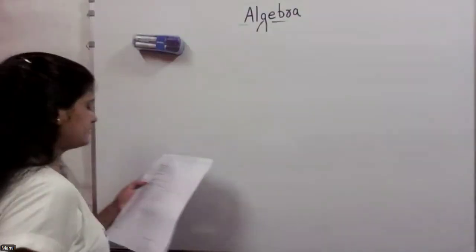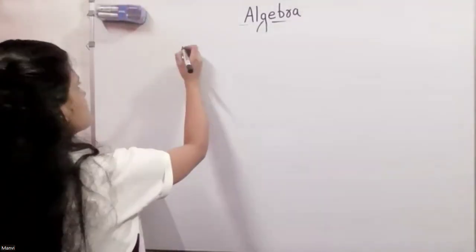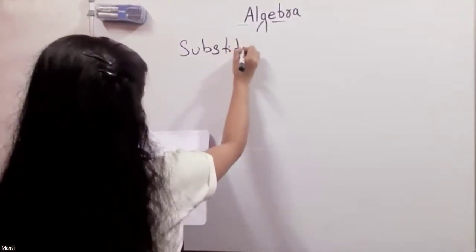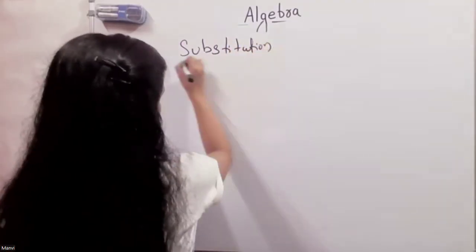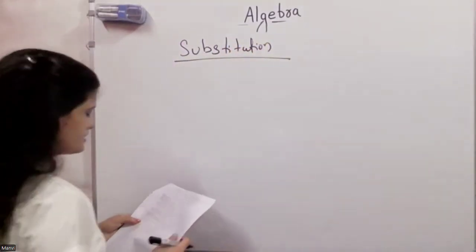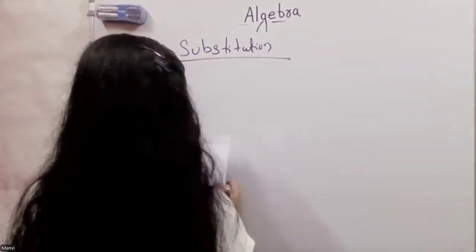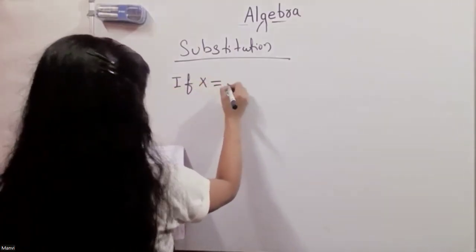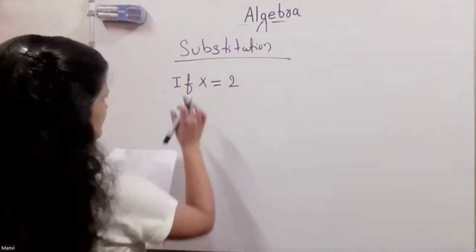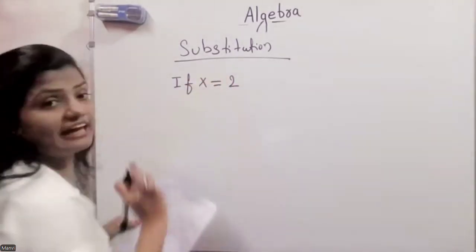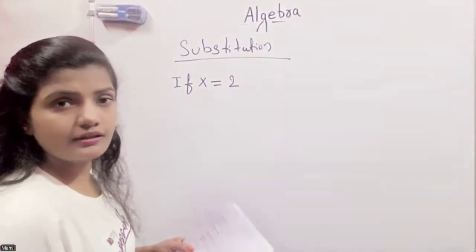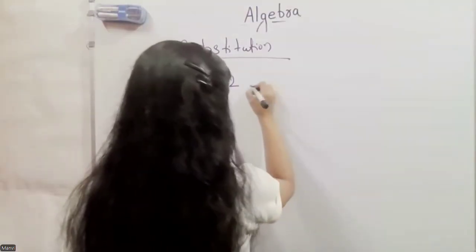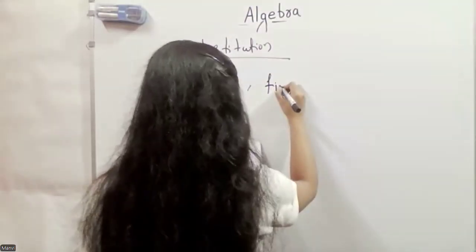Okay, the next topic is substitution. What does this mean? Substitution means if the question tells us the value of a letter, for example, if x equals 2, then we just need to replace that letter in the question.